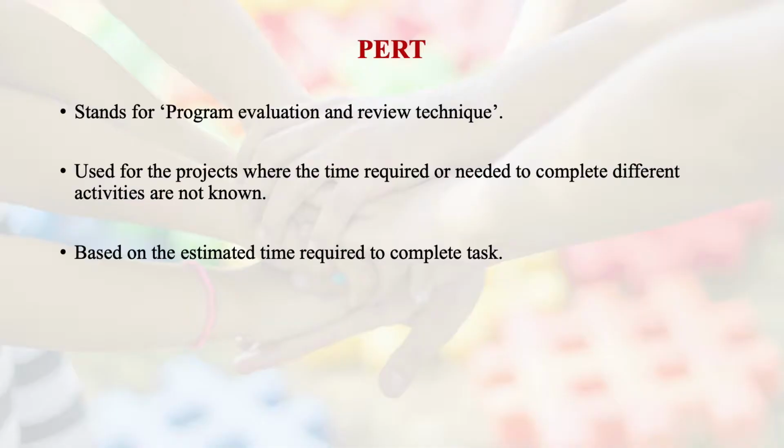So, for each activity, like if activity, let's say, from event 1 to event 2, that activity may take, let's say, 10 days or 2 days or 3 days based on our experience, and there are certain rules of thumb for computation of these activities. Based on the estimated time required to complete the task, the time of the activity is computed.